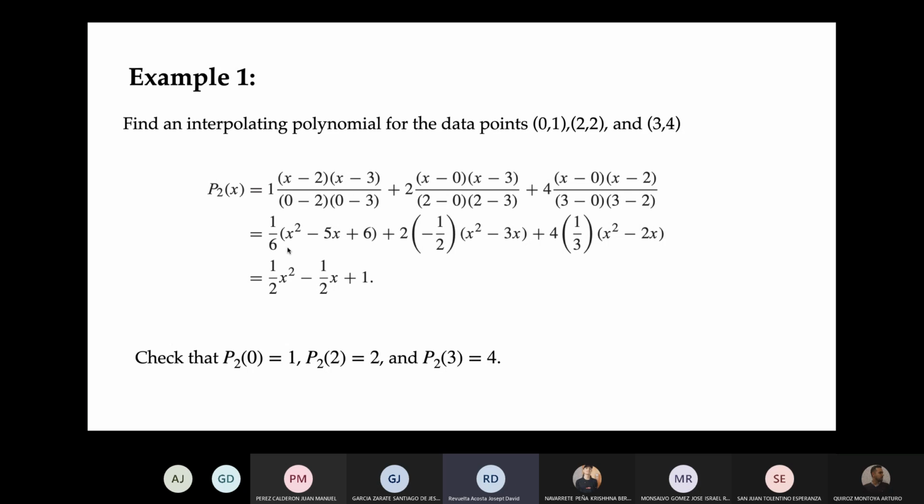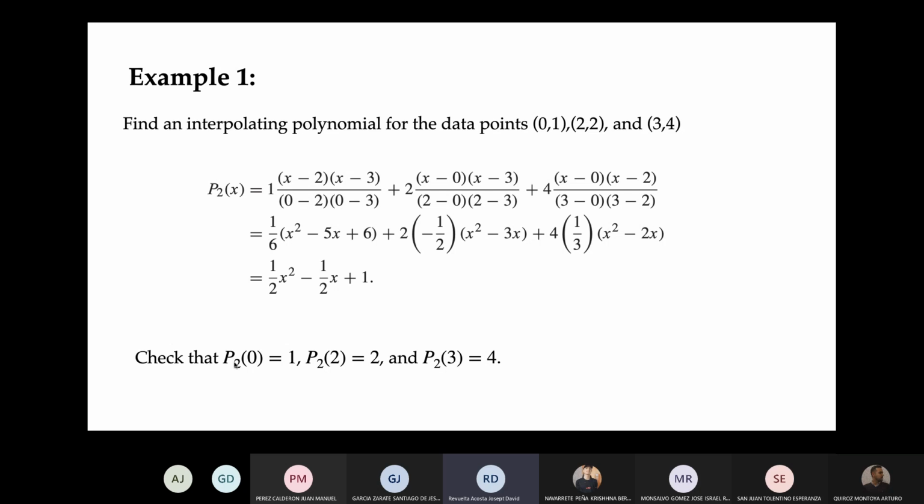And then we can actually make the operations here, multiply each of them. And then we'll obtain this polynomial, 1/2 of x squared minus 1, 2x plus 1, right? So this is the polynomial that we obtain to interpolate these 2 values.